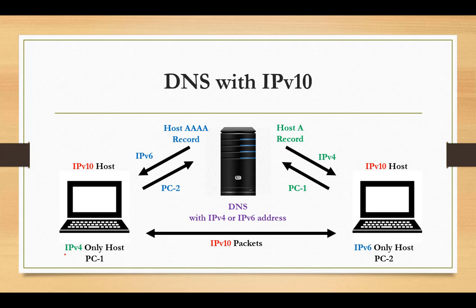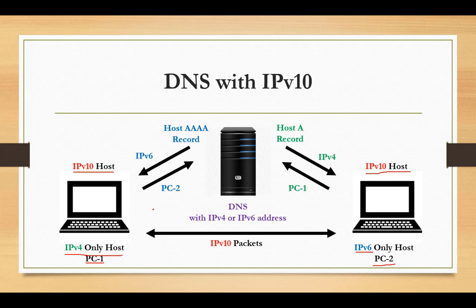If you have an IPv4 only host, which is of course IPv10, because we said that all internet connected hosts must be IPv10, and it is trying to communicate to the IPv6 only host using a host name, so IPv4 only host PC1 wants to communicate to PC2.